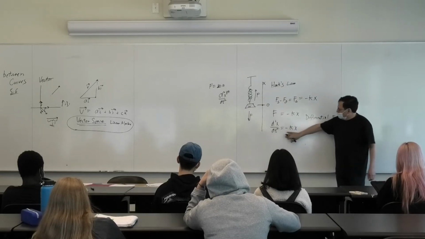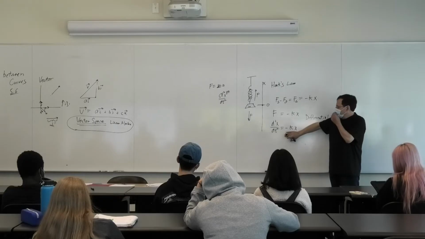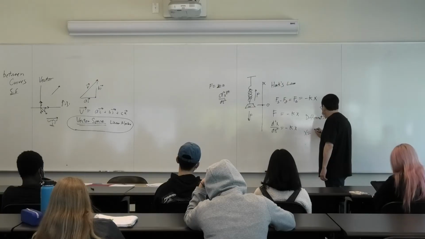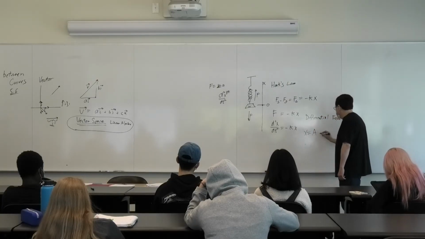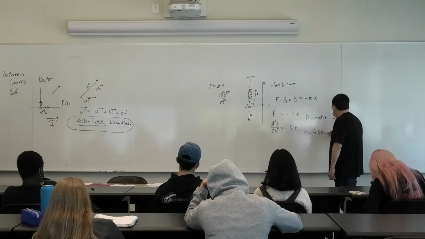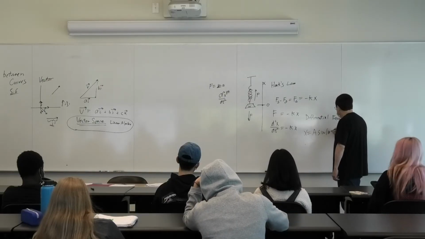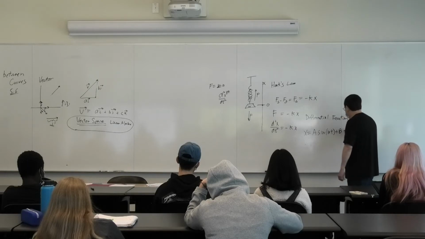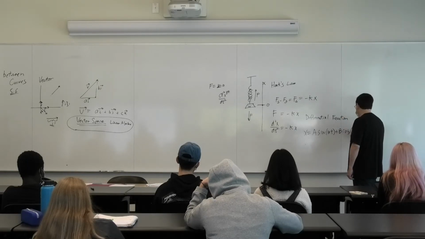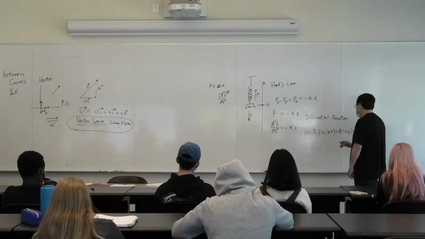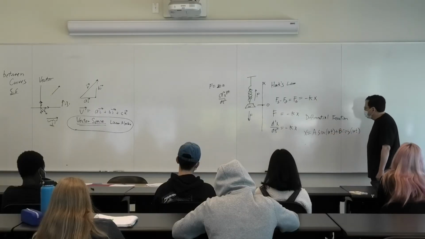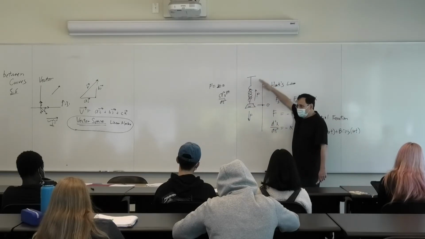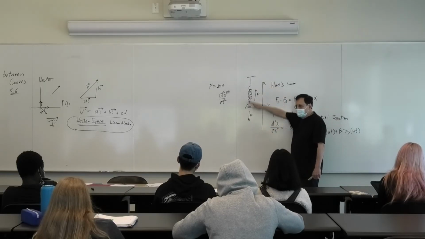And I'm not going to bother solving this one. I'm just going to point out that the solution looks something like x equals some constant times sine of some other constant t plus another constant times cosine omega t. Either a or b could be 0 depending upon when you start the thing. This just kind of moves up and down like a sine wave.